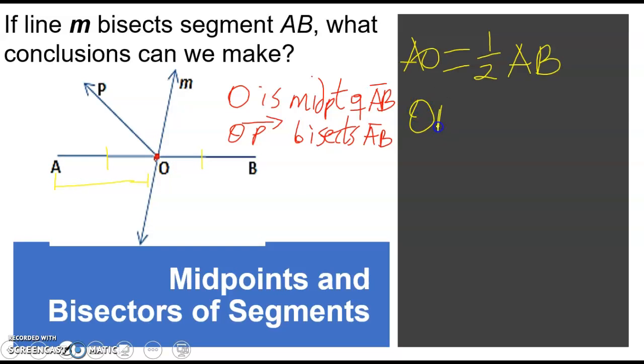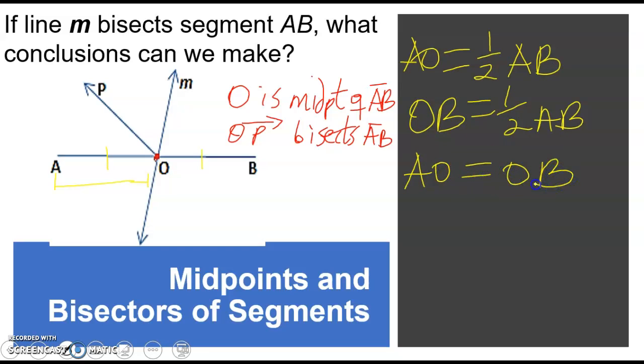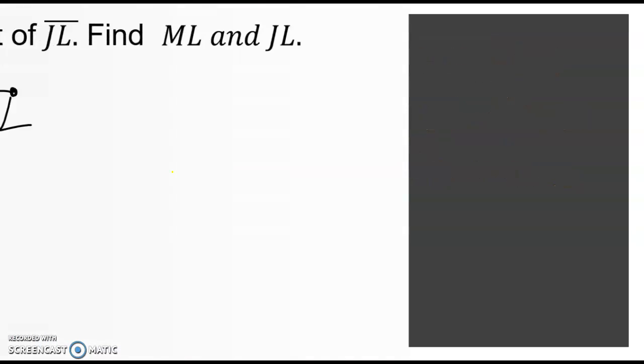And OB, which is the other side, is also going to be 1/2 of AB. Since AO and OB are both 1/2 of AB, then AO must equal OB. So those are some conclusions we can make from the fact that line M bisects that segment.